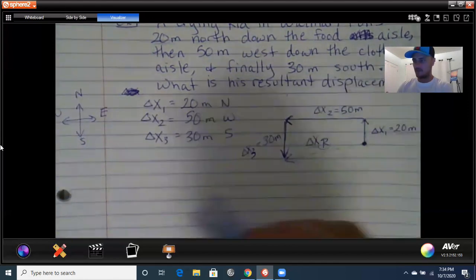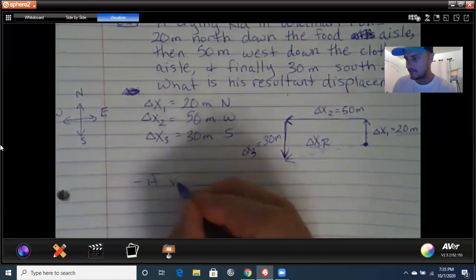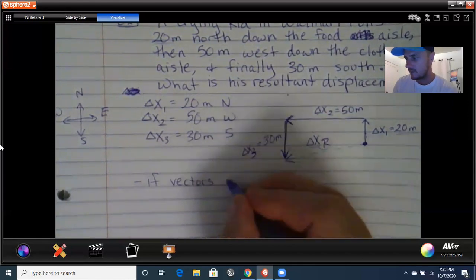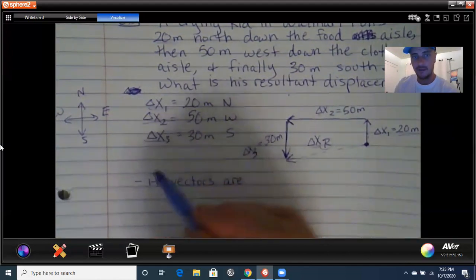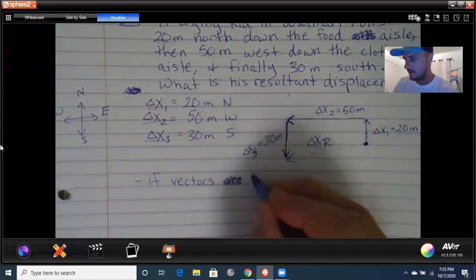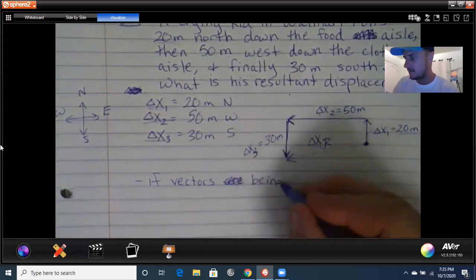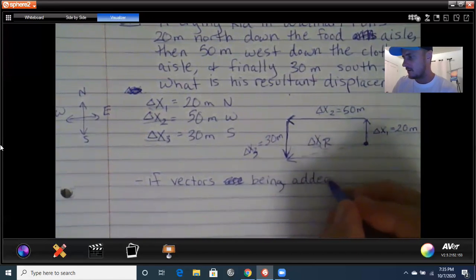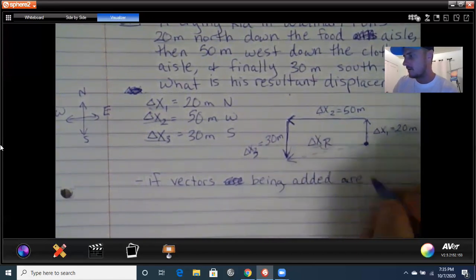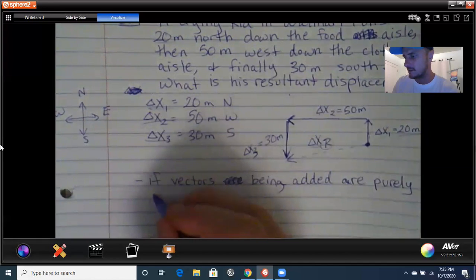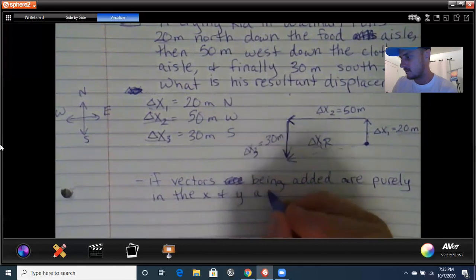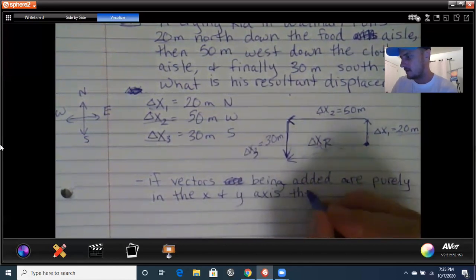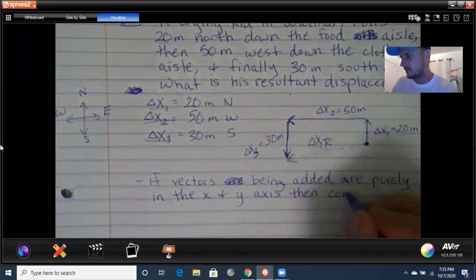If vectors being added, and I mean these 3 vectors here, are purely in the x and y axis, then components are not needed.